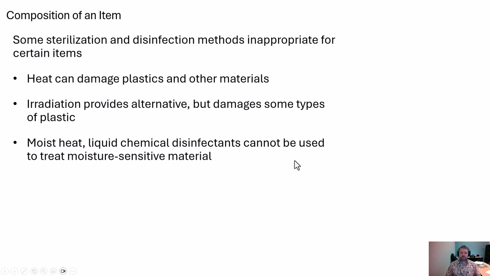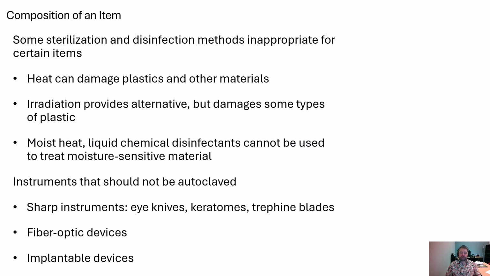Often, the composition of the item is really important, to know what the item is made out of, and whether or not you can stick them in an autoclave or stick them under UV lights or gamma irradiation. Okay. Some things that we often see or have had issues with in an autoclave situation are really sharp instruments. I mean, very, very fine blades.